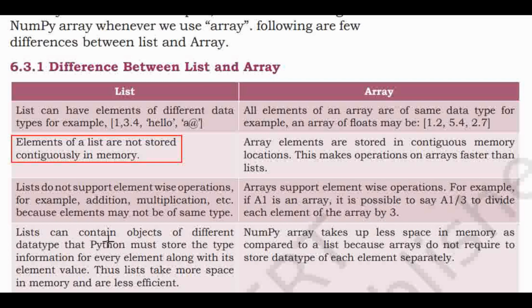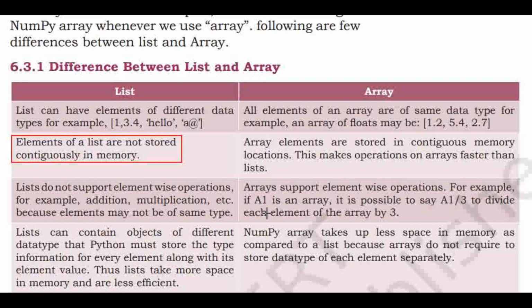List can contain objects of different data type so Python must store the type information for every element along with its element value. Thus, lists take more space in memory and are less efficient. Arrays support element-wise operation.